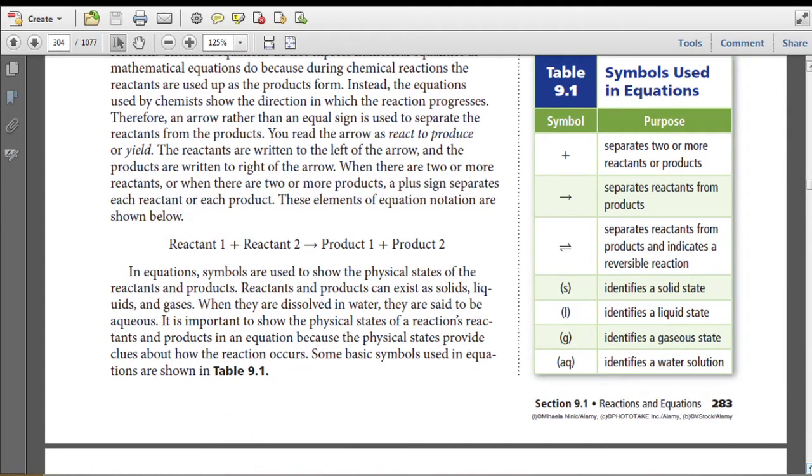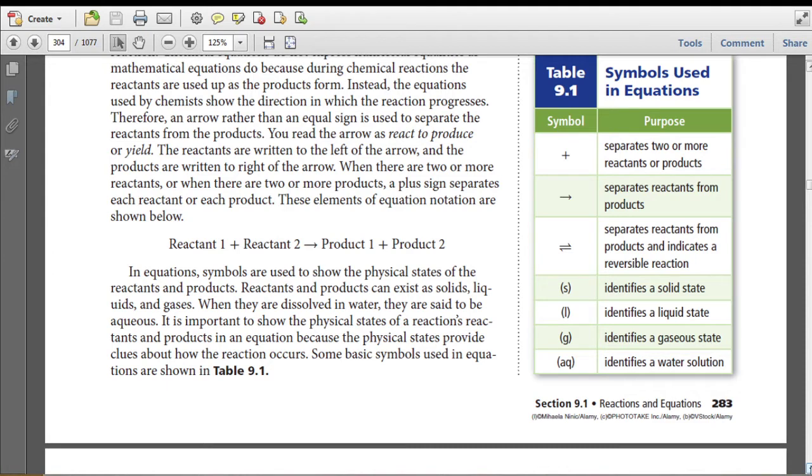In equations, symbols are used to show the physical states of the reactants and products. Reactants and products can exist as solids, liquids, and gases. When they are dissolved in water, they are said to be aqueous. It is important to show the physical states of reactants and products in an equation because the physical state provides clues about how the reaction occurs.